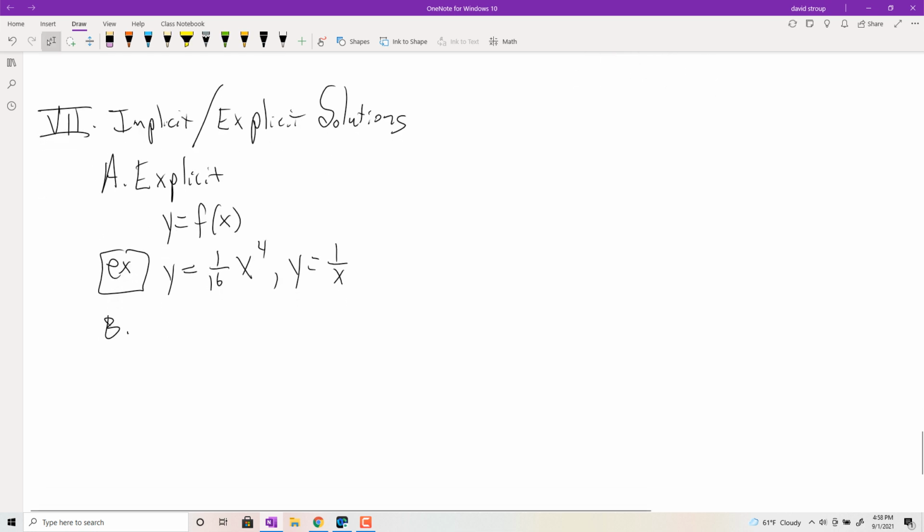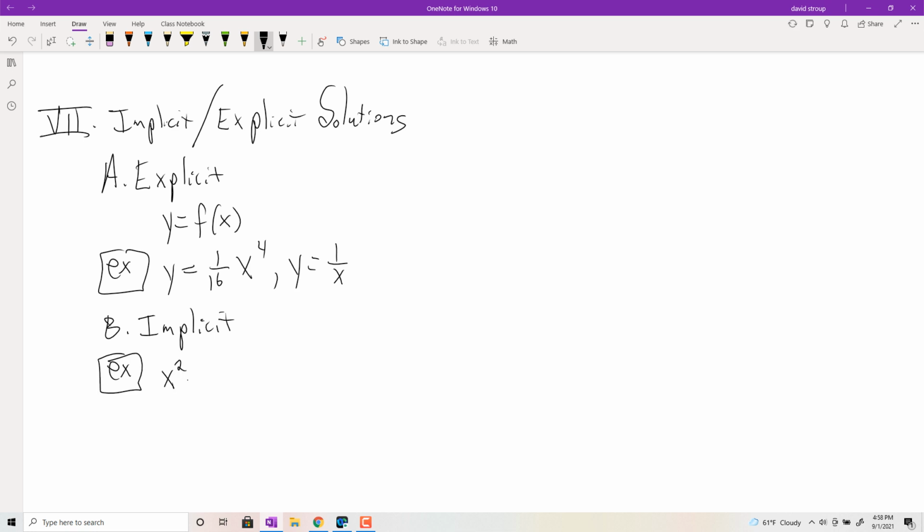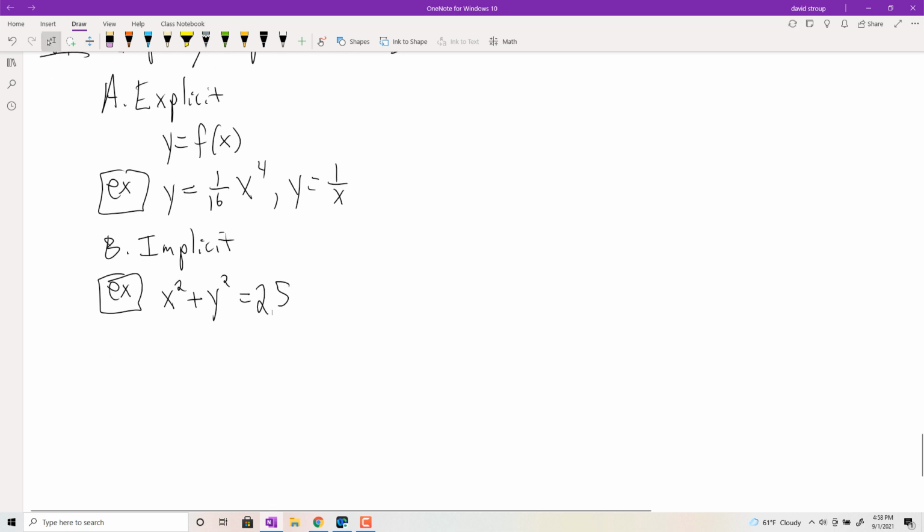Implicit are functions that you either can't get into that form, or if you did get it into the form, it would just cause a headache, right? So the easiest example you can think up is the equation of a circle. The book will walk you through checking that as a solution.